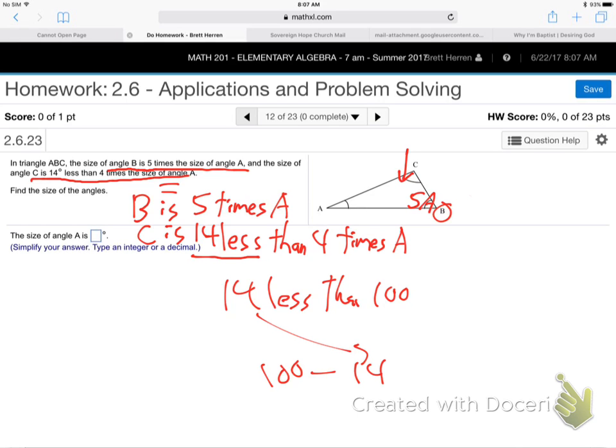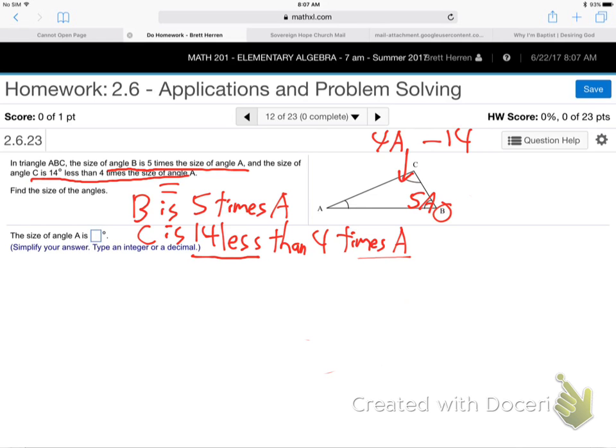But we know those English words mean subtract at the back. So 14 less means the 14 is subtracted at the back. What goes in the front? 4A. So 4A minus 14. Is that good? So angle C is 4A minus 14.